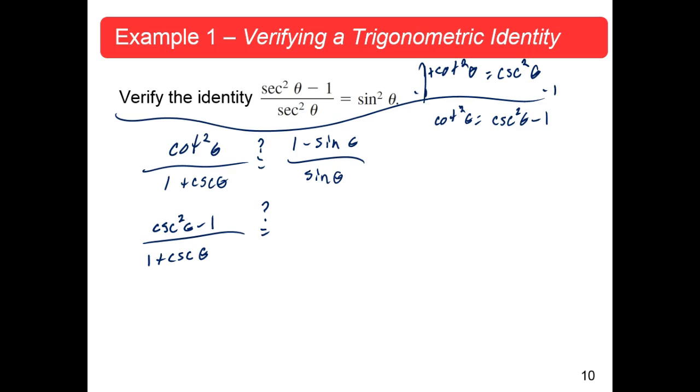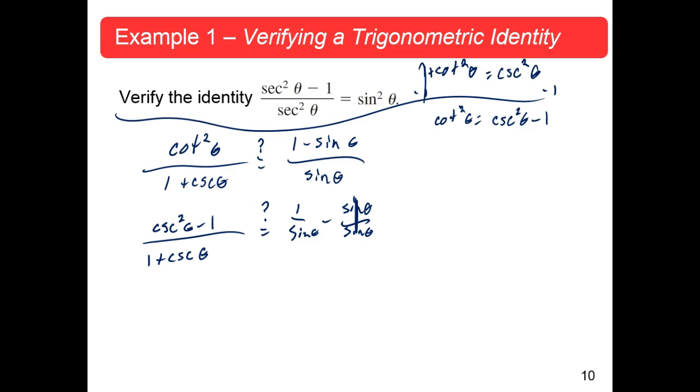Now that's getting away from signs, but it may not be a bad idea. So this would be 1 over sine theta, right? Minus sine theta over sine theta, right? And what's sine theta over sine theta? 1. So that's a 1, okay?